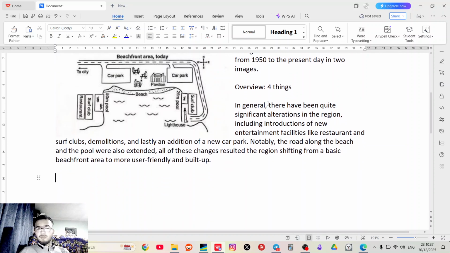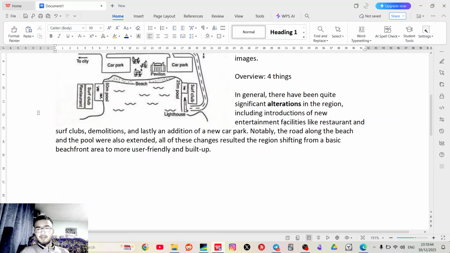So in general, there have been quite significant alterations in the region, including introductions of new entertainment facilities like restaurants and surf clubs, demolitions, and lastly, an addition of a new car park.